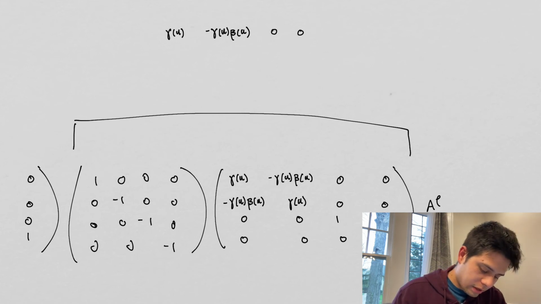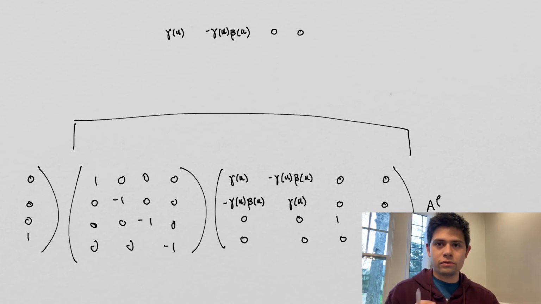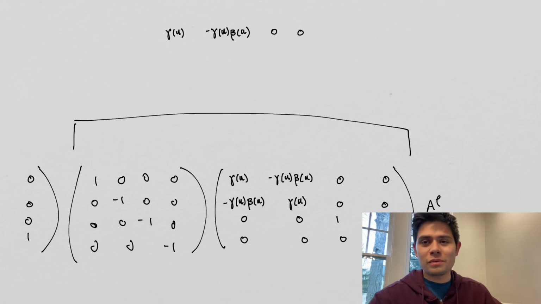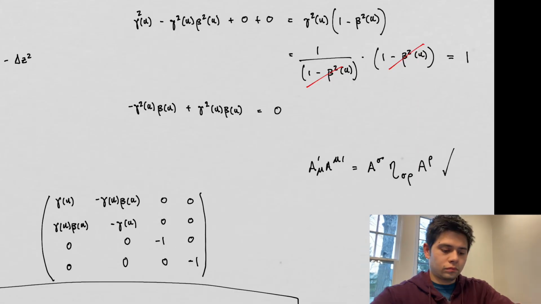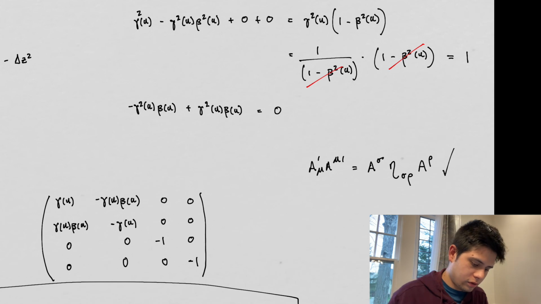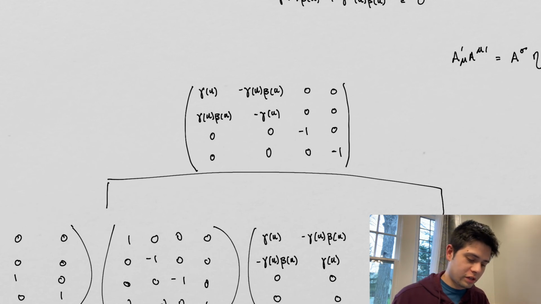We can do the same thing now, and what I'm going to do is I'm just going to multiply everything out and then restart the video so that this doesn't take too much time on you guys. And so I'll come back within a minute here. All right, so what I've done is I've just sped up the process a little bit so that we're not going through tedious matrix multiplication here.